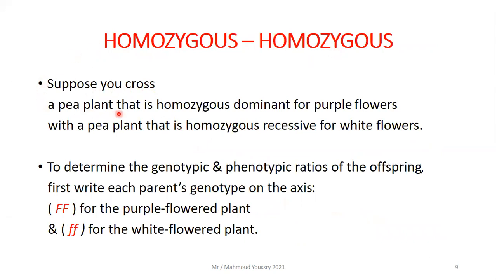Suppose you cross a pea plant that is homozygous dominant for purple flowers with a pea plant that is homozygous recessive for white flowers. To determine the genotypic and phenotypic ratios of the offspring, first write each parent's genotype on the axis: capital F for the purple flowered plant and small f for the white flowered plant.